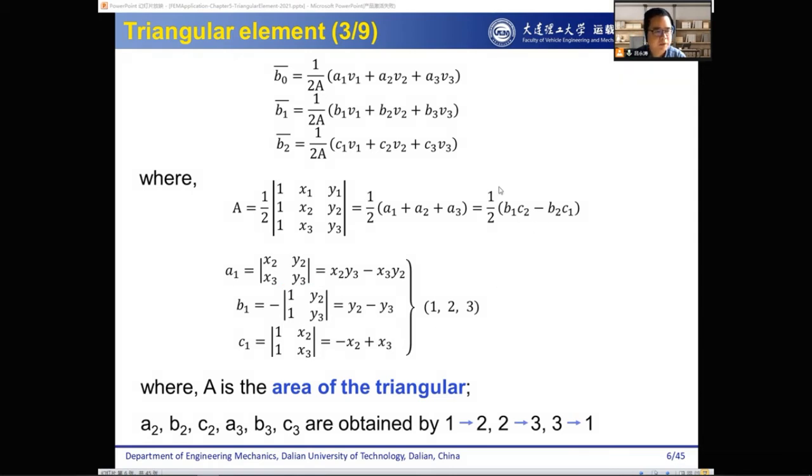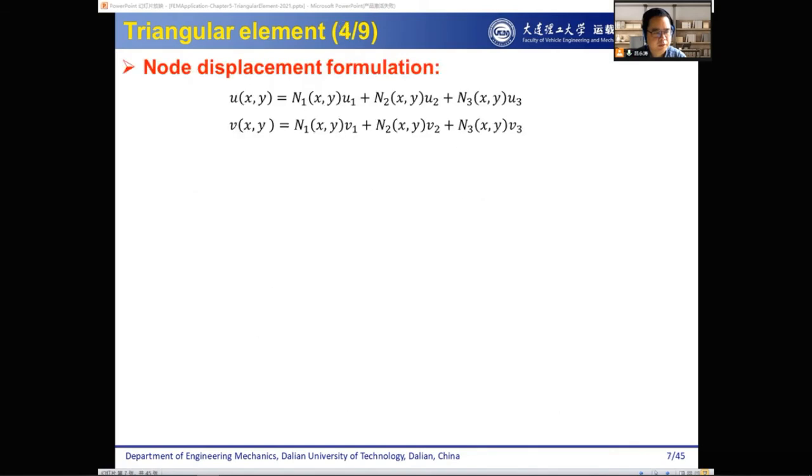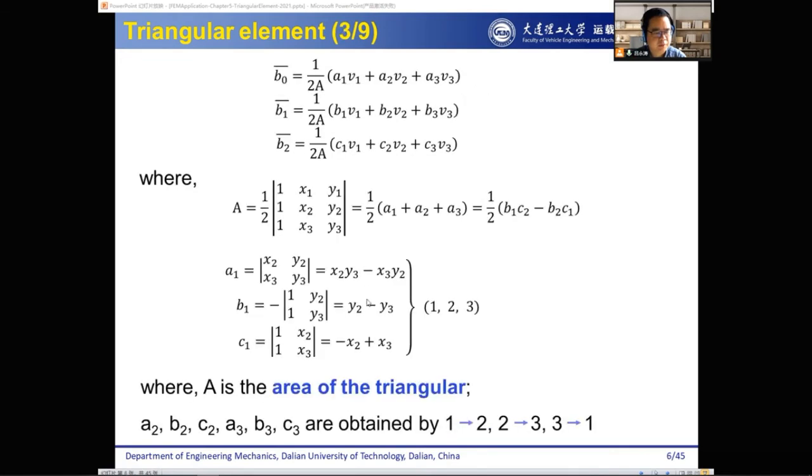So in this slide there's nothing new. It's just mathematics. You just need to practice and see if they are correct or not. Even for those equations, you don't need to remember them. You just need to know how they are calculated, how you can get those formulas and coefficients, and how to use those coefficients.